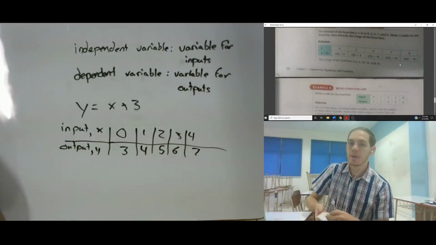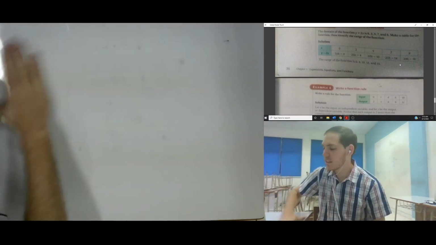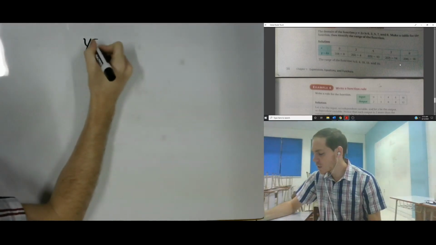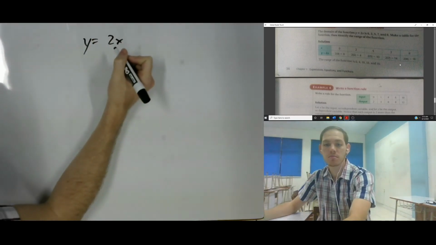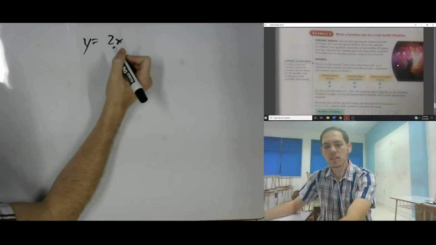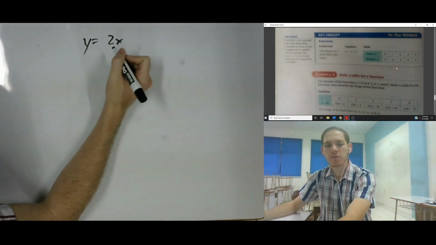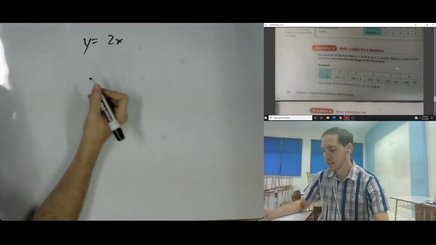Okay, domain of a function. They give us our domain. Here's our function, y equals 2x. We'll finish up with this one. So the domain they give us, so we just plug it in.